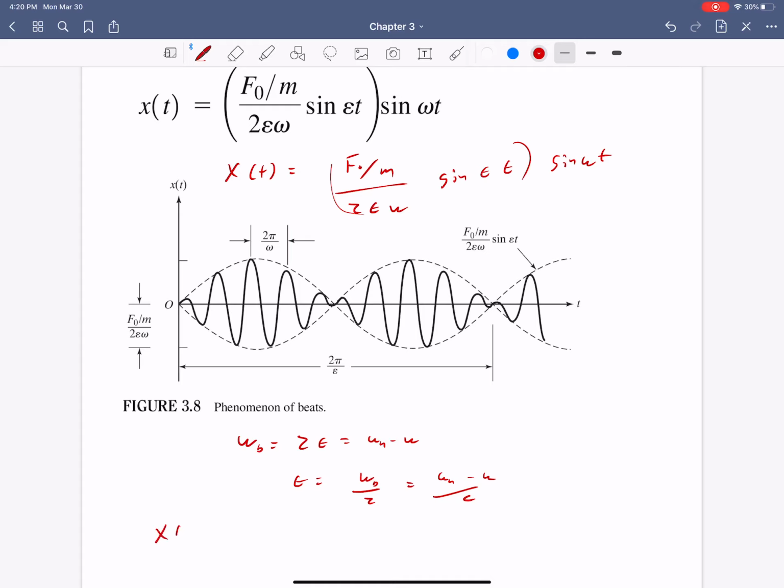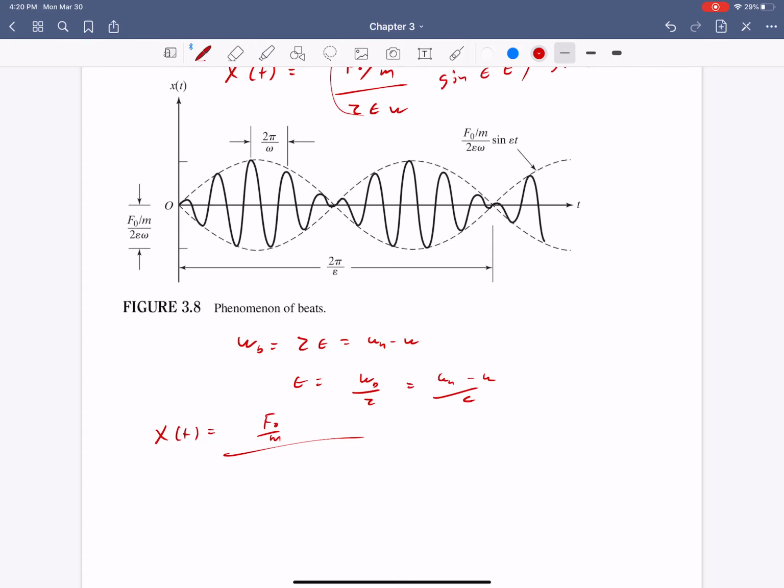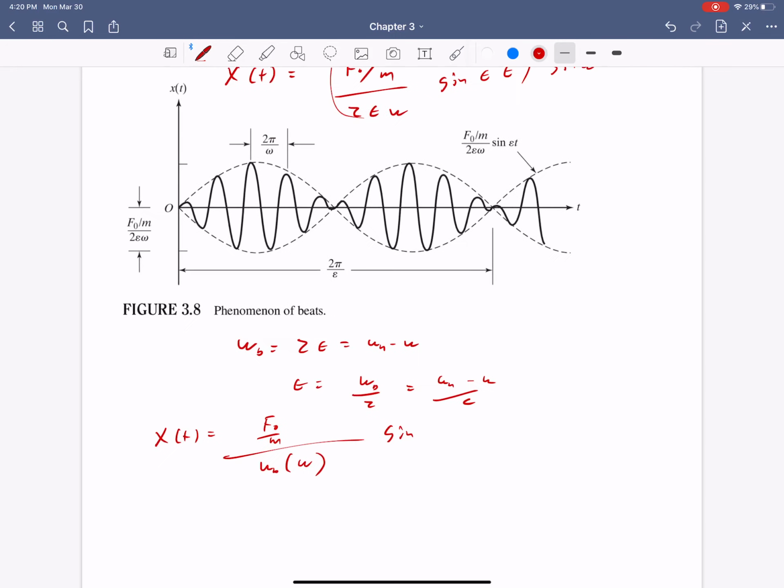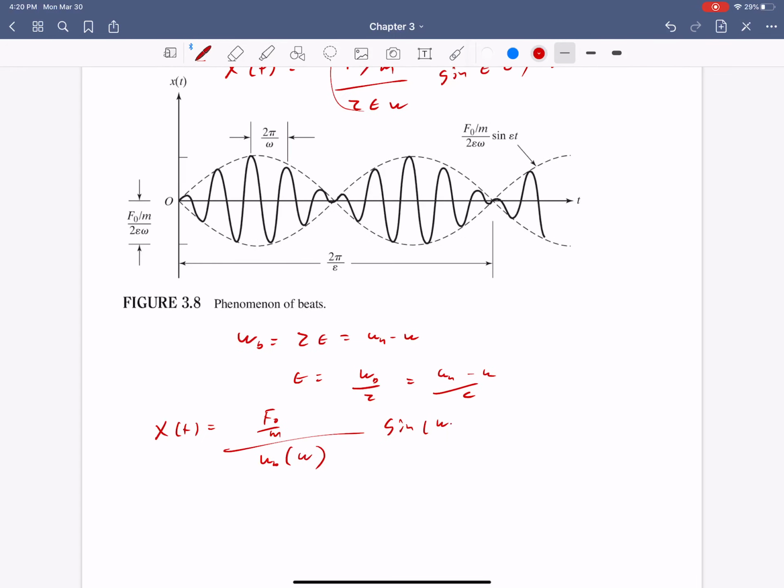So now x of t is equal to f naught over m divided by omega b times omega, sine of omega b over 2 times sine omega t. Okay?